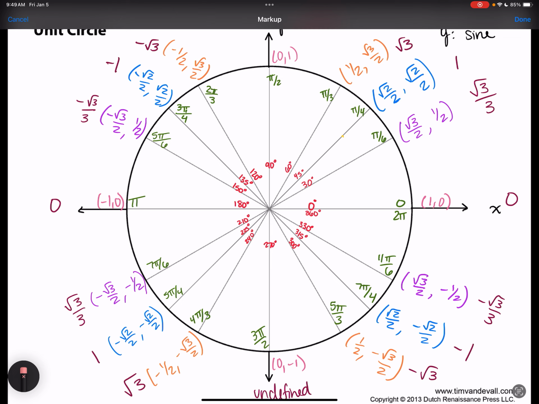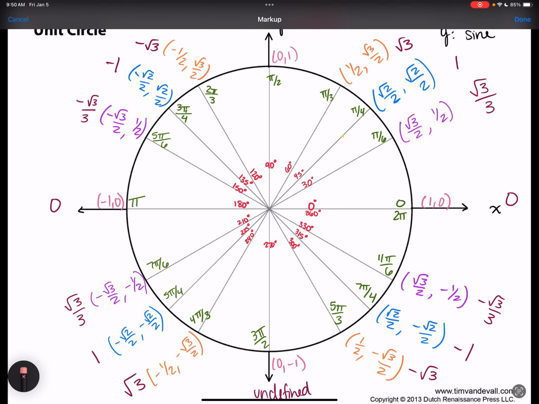Now, common things that people don't do or just don't care. When you write the degrees, you have to put 0 on here for the degrees, and you have to put 360. When you do radians, you have to write 0 again, and you have to make sure you have 2 pi. Those are the common things that people leave off.